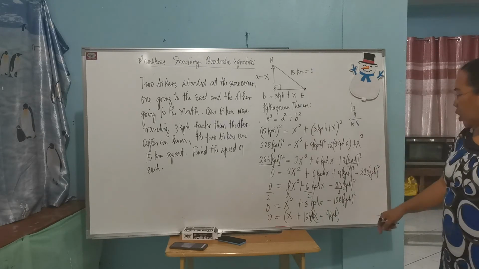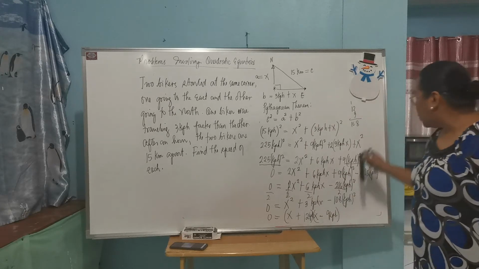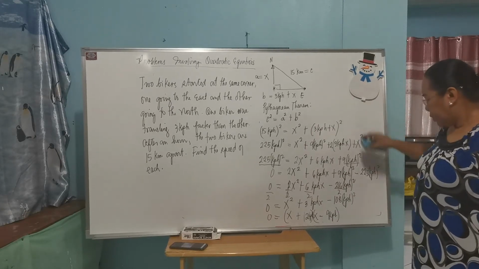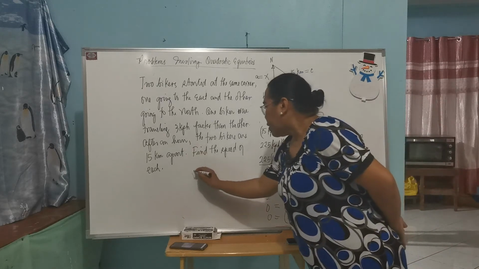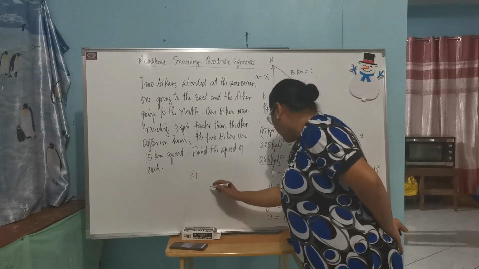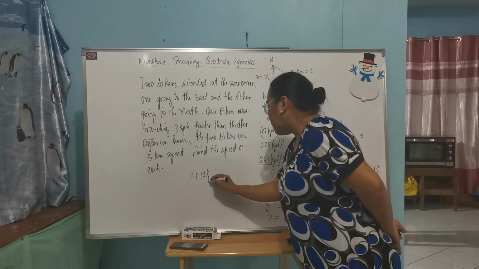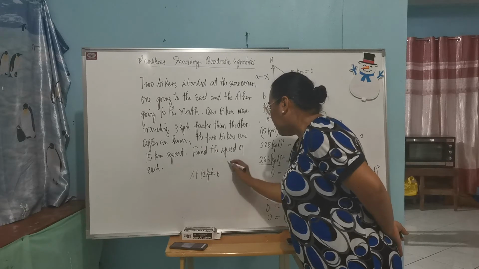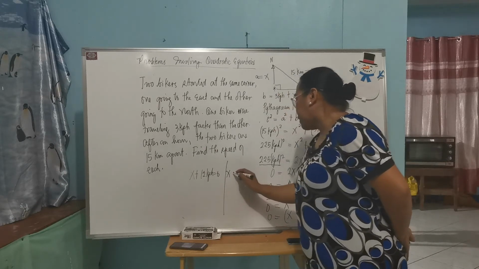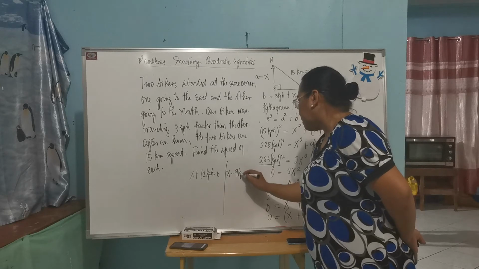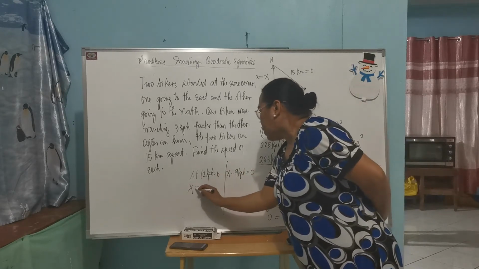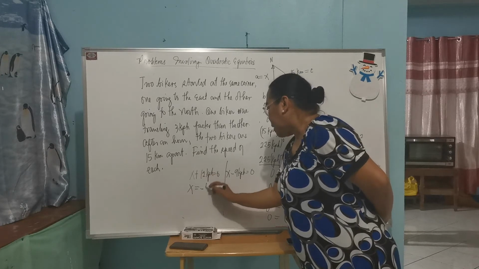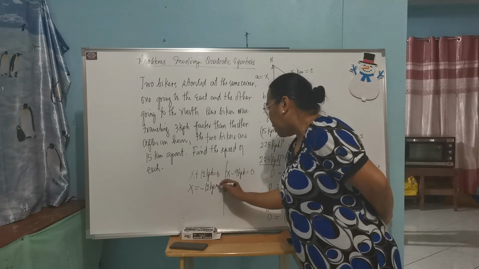Now, we are going to equate each factor to 0. That's what we have done a while ago. So we have your x plus 12 kilometers per hour is equal to 0, and the other one is x minus 9 kilometers per hour is equal to 0. So your x here becomes negative 12 kilometers per hour.